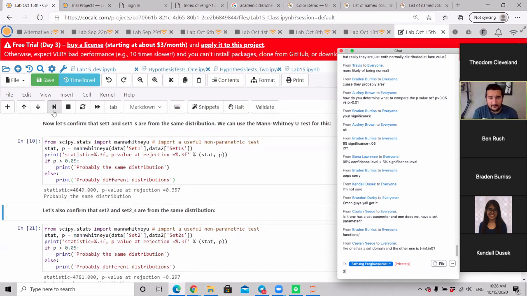And when you run this, it is going to report a p-value of 0.357, which is clearly greater than 0.05. And based on the results, I'm going to say that probably my set 1 and set 1s are coming from the same distribution.